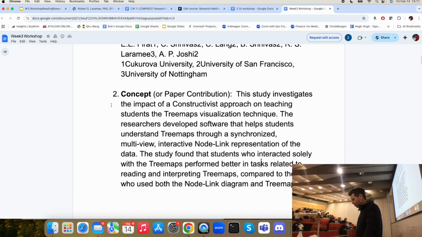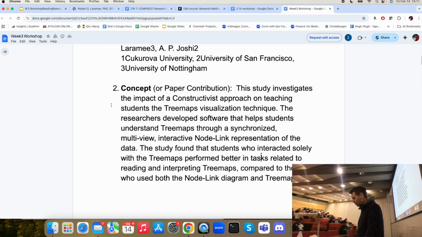Concept or paper contribution. The study investigates the impact of a constructivist approach to teaching students. I would say this is a good concept summary.